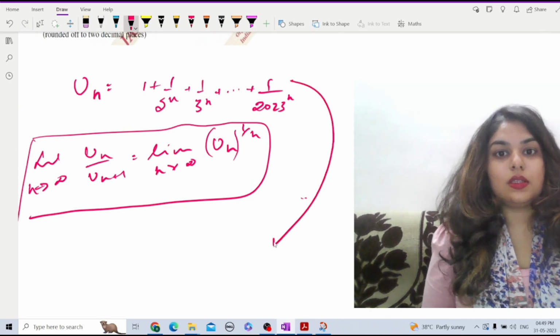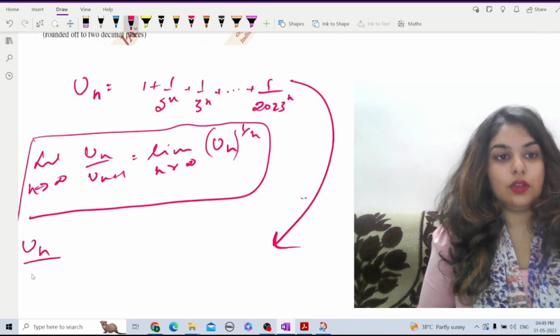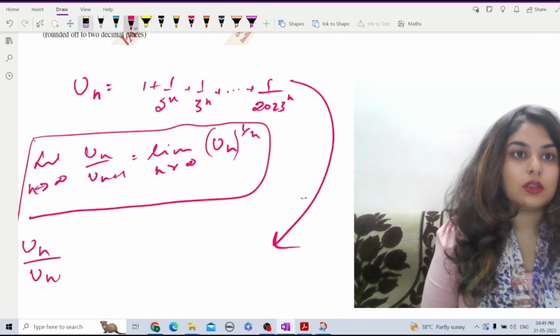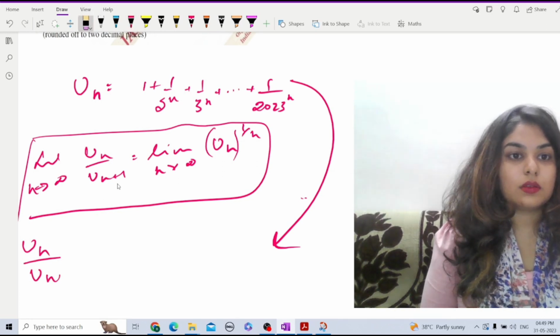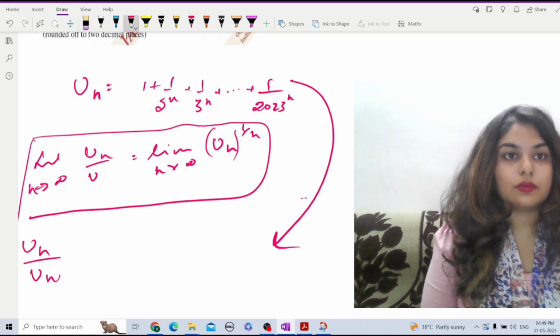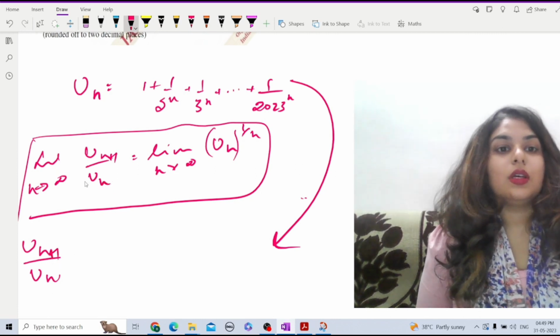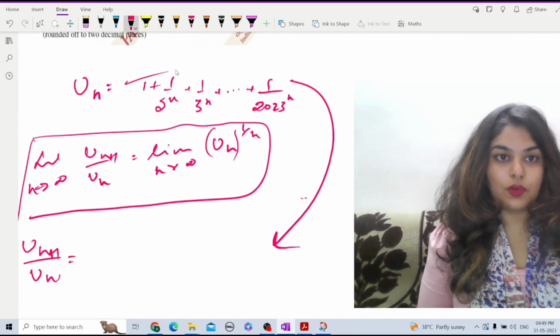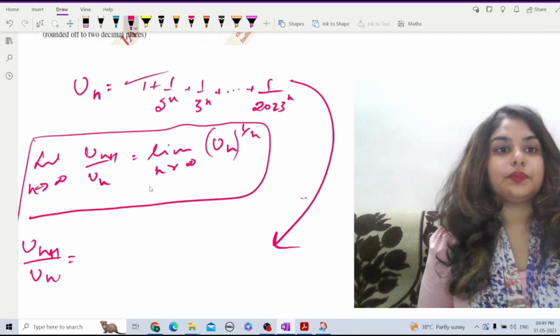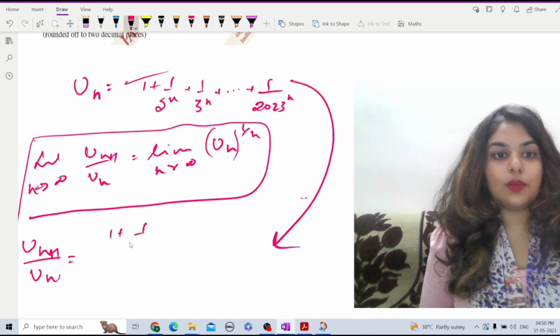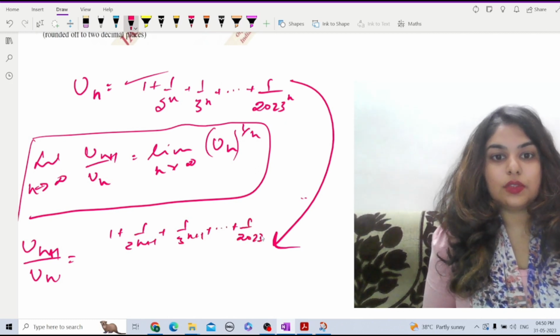Now from this, if we write down un+1 by un, this can be written as follows: 1 plus 1 by 2 to the power n+1 plus 1 by 3 to the power n+1 plus up to 1 by 2023 to the power n+1, whole divided by 1 plus 1 by 2 to the power n plus 1 by 3 to the power n plus up to 1 by 2023 to the power n.